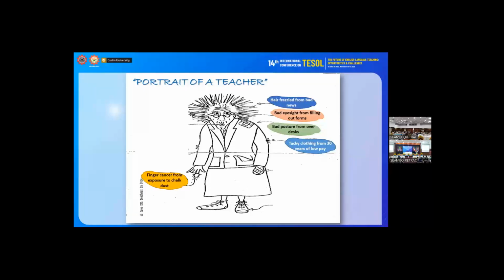It says, finger cancer from exposure to chalk dust. Frazzled hair from bad news. Bad eyesight from filling out forms. Bad posture from, oh, it should be from bending over desks.